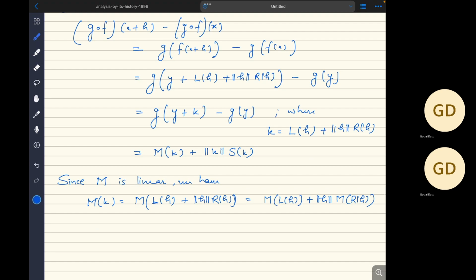So let me write what we have achieved so far. What we have achieved is the following: G∘F(x+h) − G∘F(x) = M(L(h)) + norm h · M(R(h)) + norm k · S(k).